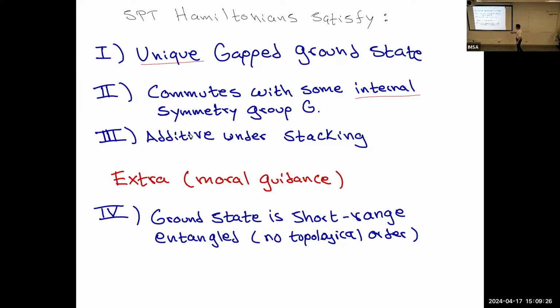And finally, there's a rather physical notion, not well defined mathematically, which I think is tantamount to saying that there are no anyons in your system, but generally they just say there's no long range order or no topological order as well.